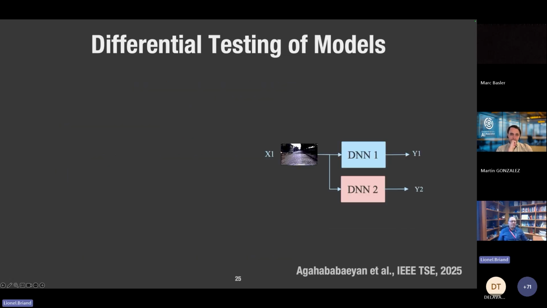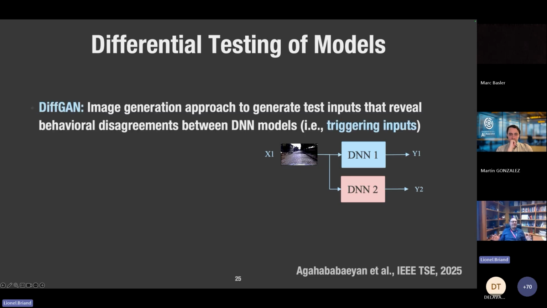So another problem that was posed to us in terms of model testing, and again, here I'm providing an overview. If you're interested in details, you can look at the papers. People had, for example, several DNNs that were trying to predict the same thing, but those DNNs were based on different architectures, or were trained using different training sets, or one DNN was an update of the other one.